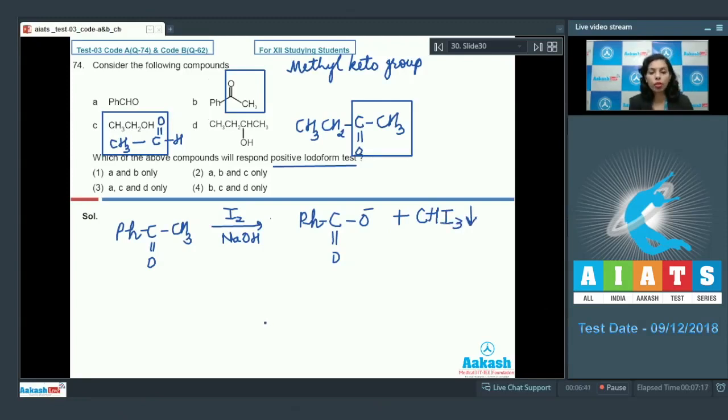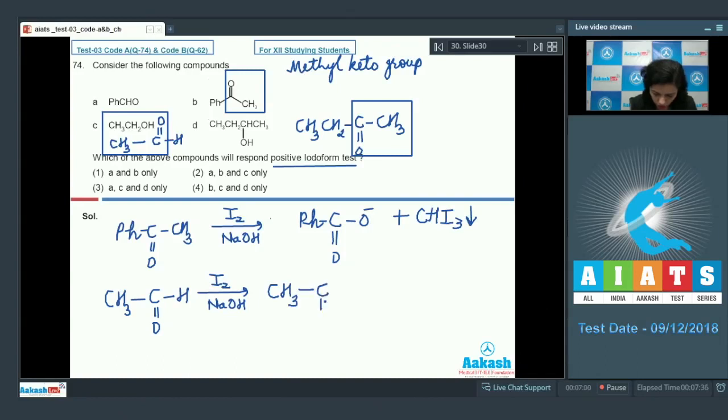This is the positive iodoform test for this compound, the oxidized product, if we are considering CH3CHO. When it undergoes iodoform test, it forms CHI3.